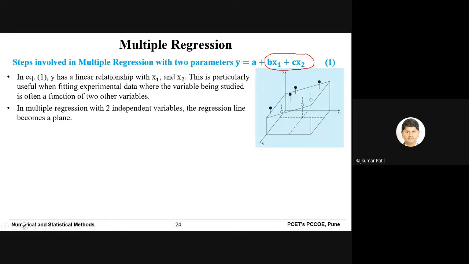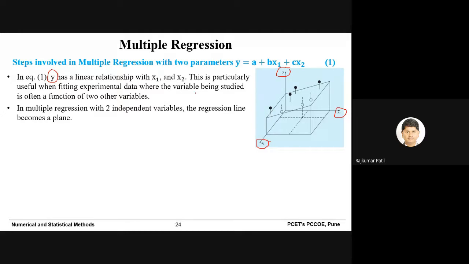So in this figure you can see there is one axis for the dependent variable, that is y, and two more axes, one for x1 and second for x2. These are the two independent variables. So the picture becomes three-dimensional.